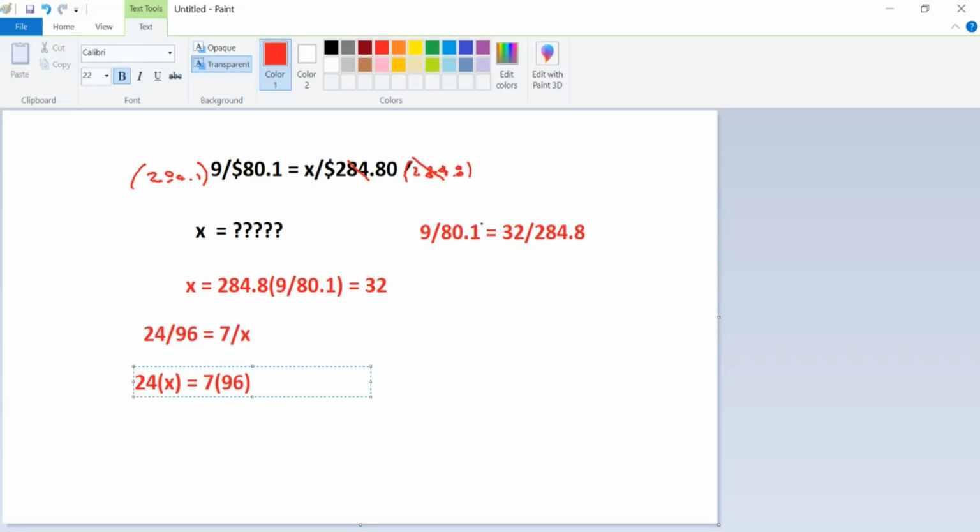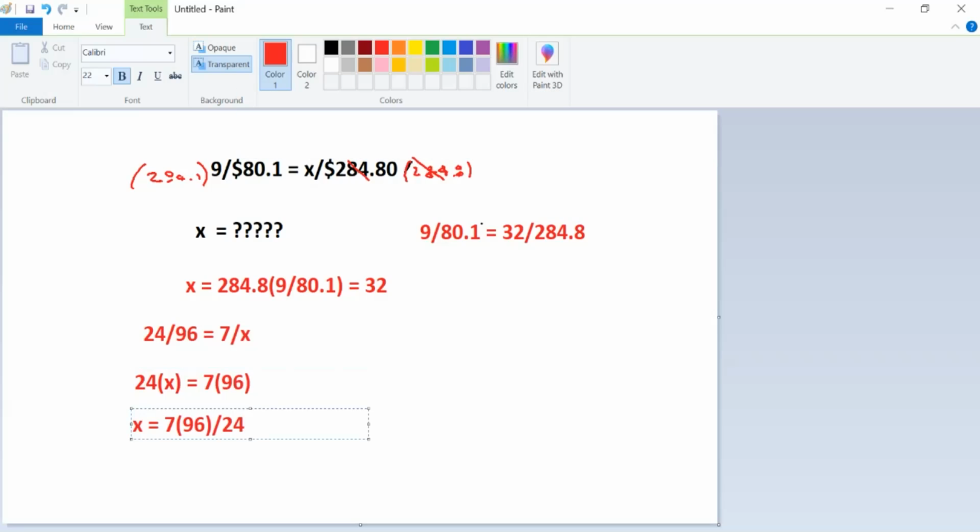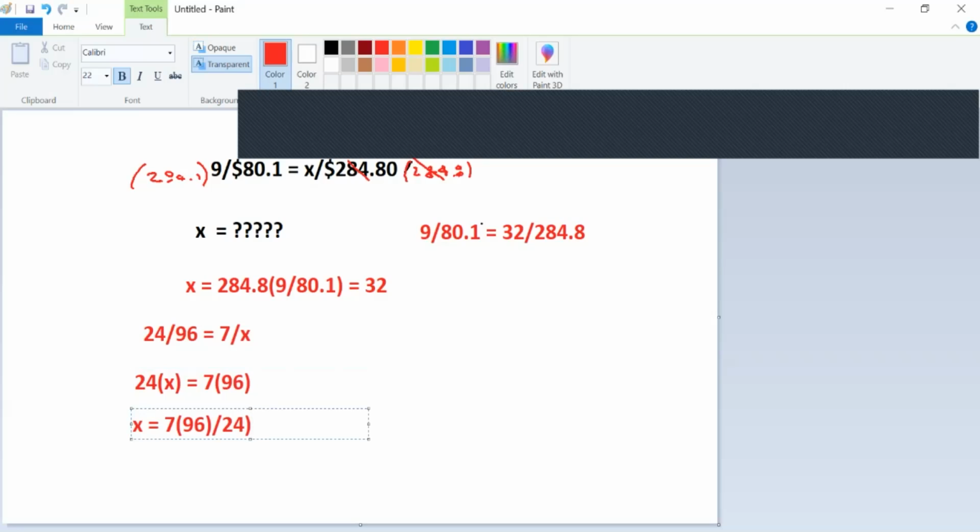And then you have to do one more thing. You want to put the 24 down below. So you'd have X is equal to 7 times 96 divided by 24. And we know 24 into 96 is 4. 4 times 7 is 28.